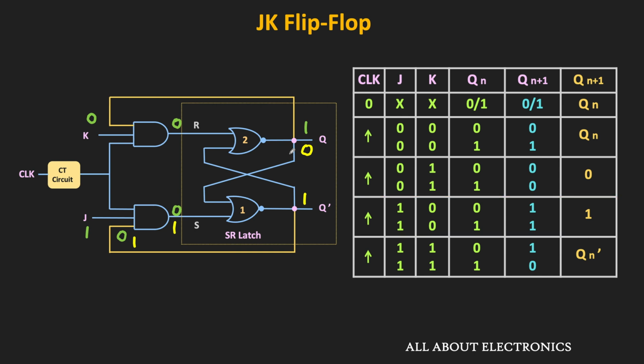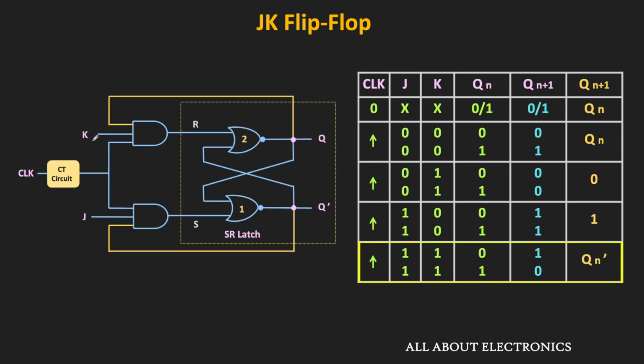And likewise, let us see what happens when both inputs J and K are 1. Whenever both J and K inputs are 1, then at the clock transition, the output of these two AND gates will depend on the value of Q and Q bar. So if Q is 1, then Q bar will be equal to 0. And the same outputs will also appear over here.